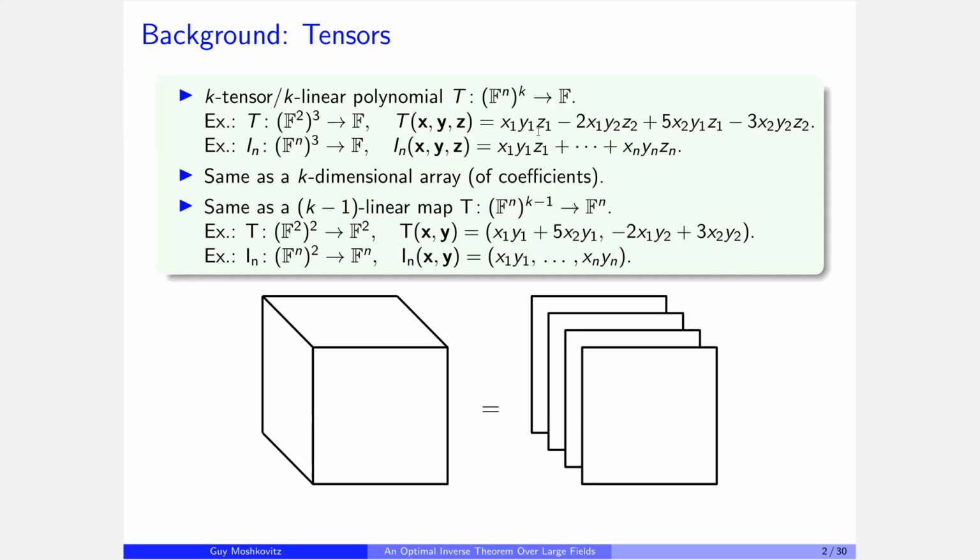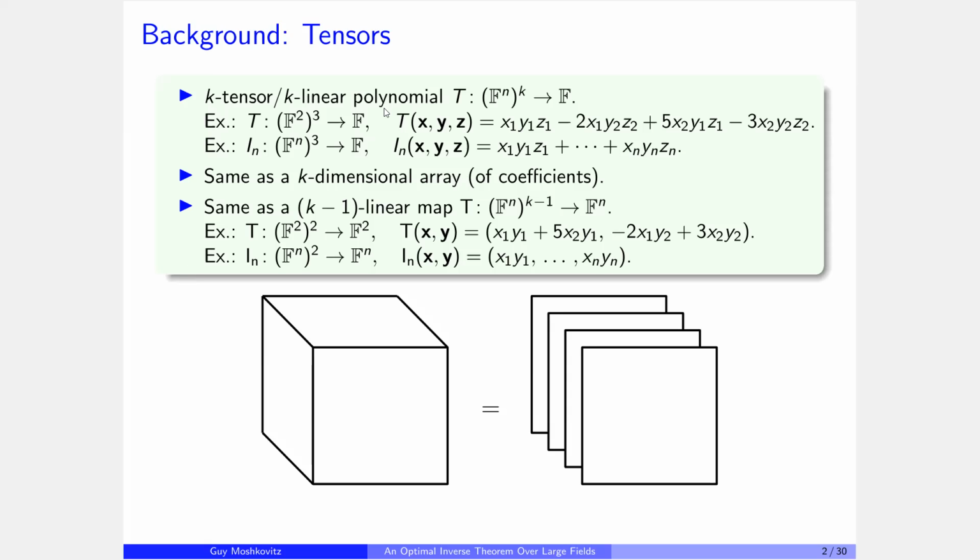That's basic linear algebra. You can do the same if you have a 3-dimensional array of numbers: as you see in the drawing below, you can slice it along one of the axes, doesn't matter which for most questions, and you get a bunch of matrices, each of which is a two-tensor, so each of them is a bilinear map.